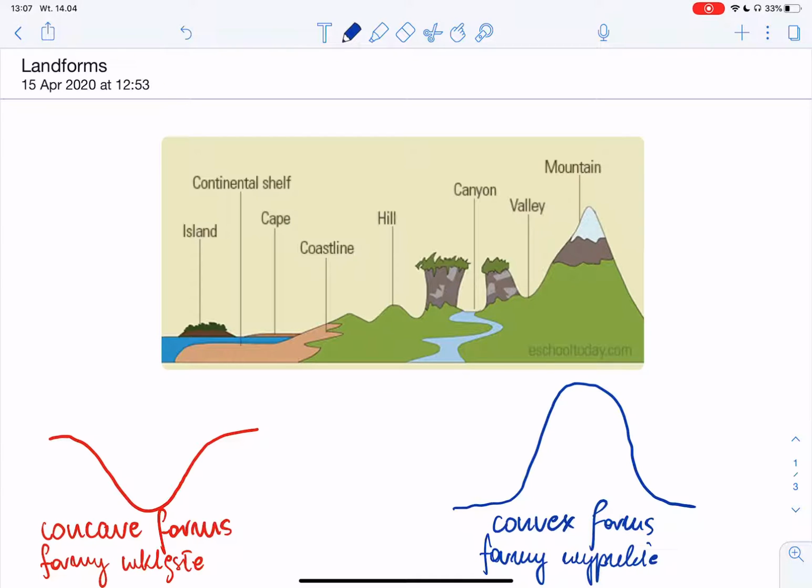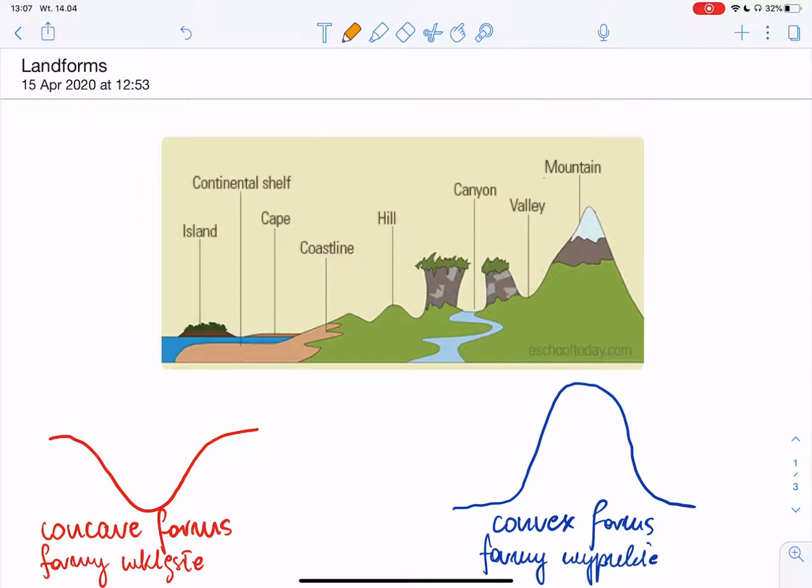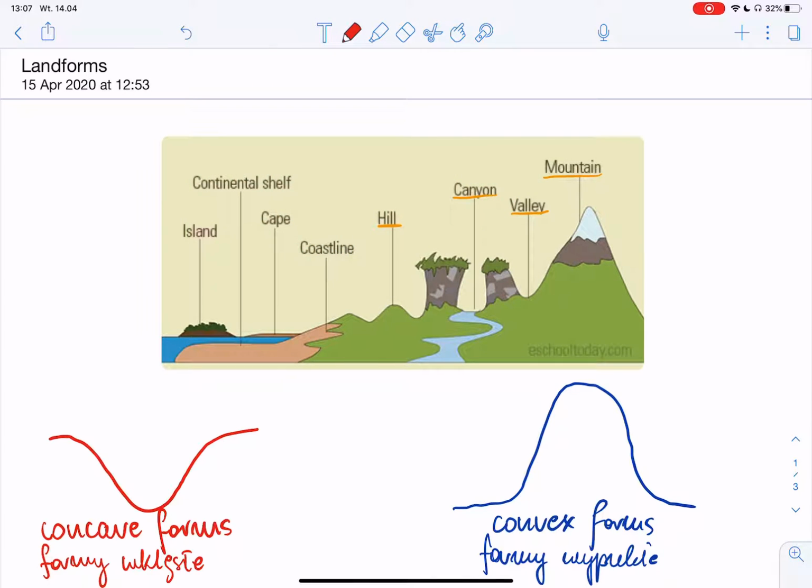And guys, let's focus on mountains, valleys, canyons, and hills. Those four are enough. Guys, what does it mean that a form is concave or convex? Let's take a look at a mountain.